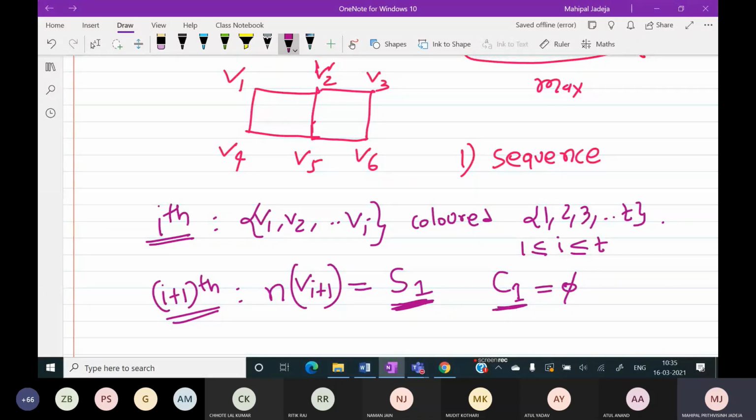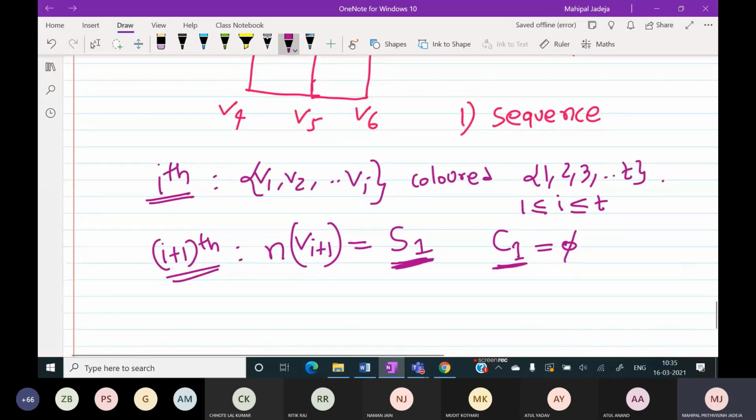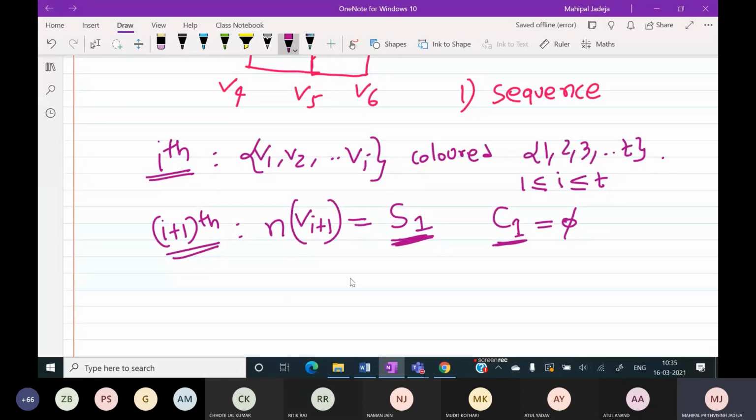Now what we want to do, what is the restriction here? We have two sets now. The first set, let me give it a name, CVI. This is fine. This set is nothing but 1, 2, 3, 4, 5 up to T. We have one more set which is nothing but C1.